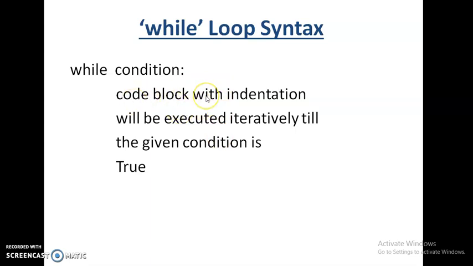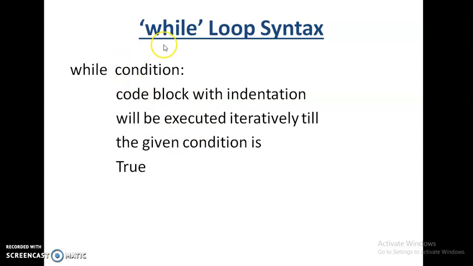Now let us see how this code block works. A code block with indentation will be executed iteratively till the given condition is true. Very simple: the lines of code written in this while loop code block will be executed repeatedly, again and again, up to which point?